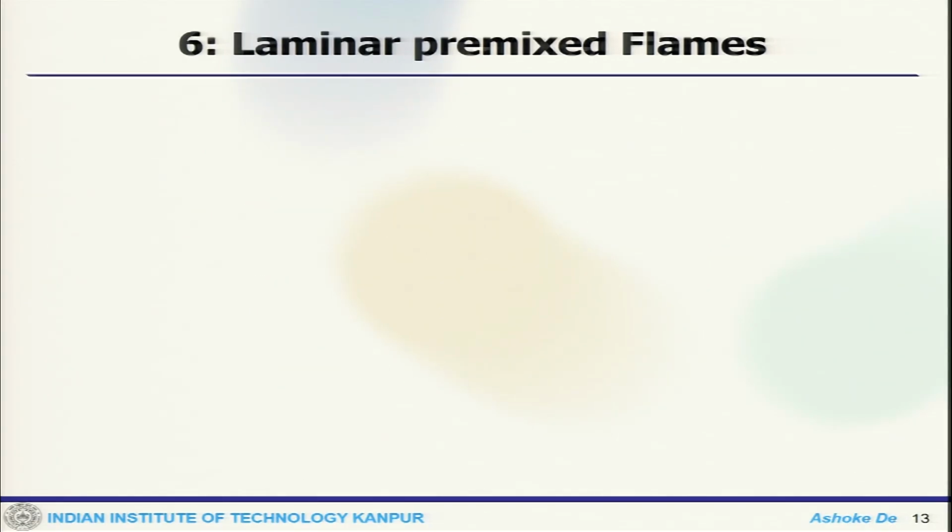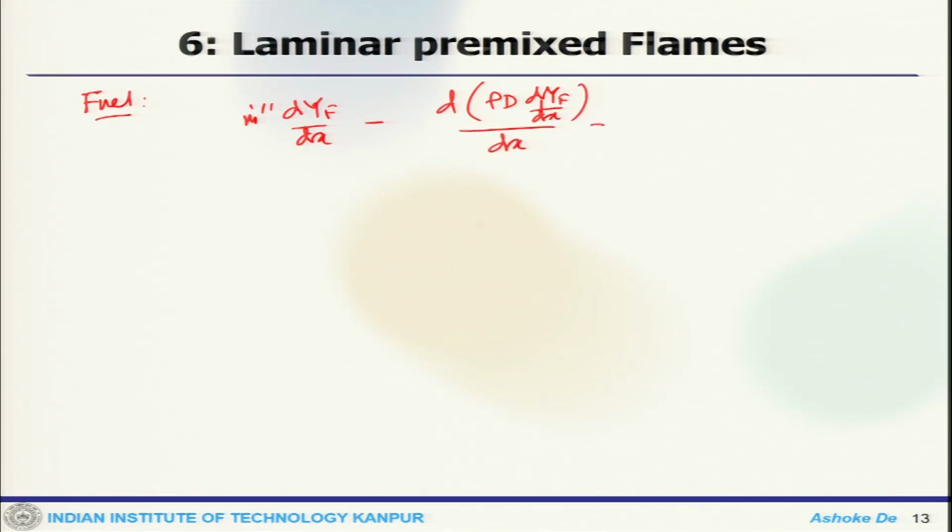Now, we can also write in terms of individual species, because now the individual species mass transfer equation, how does it look like. For fuel, it would be d/dx of (m dot Yf minus rho D dYf/dx) equals m dot triple dot f.